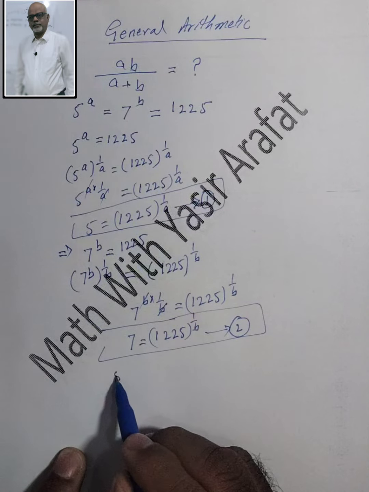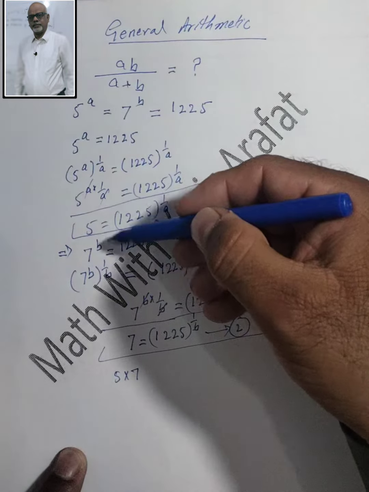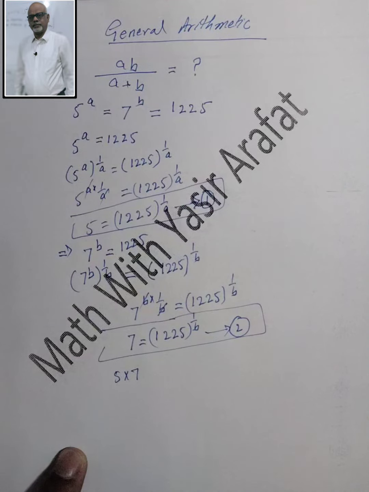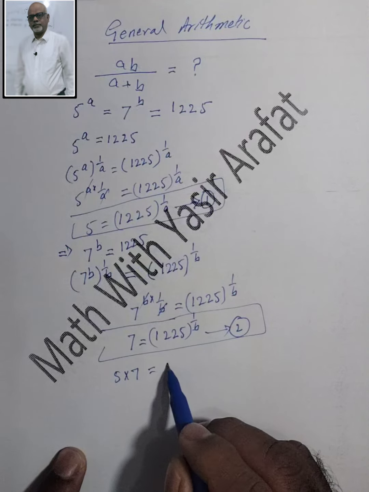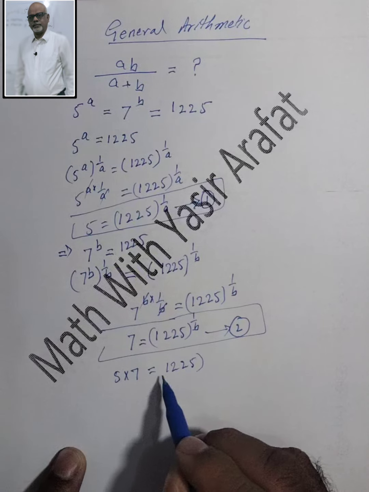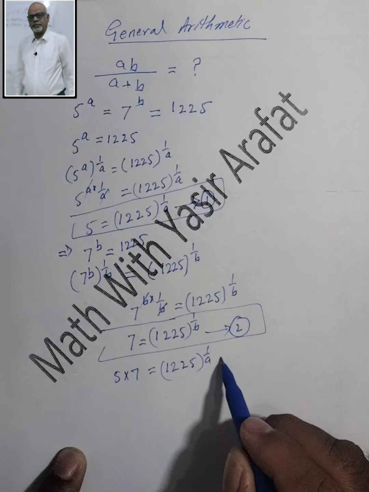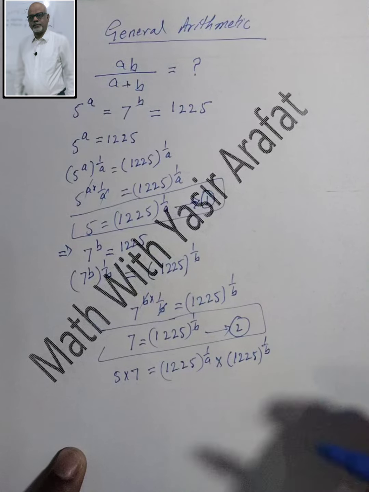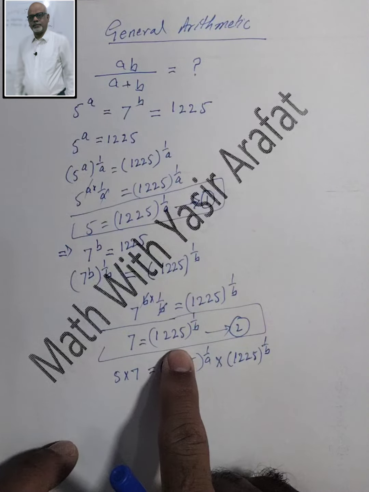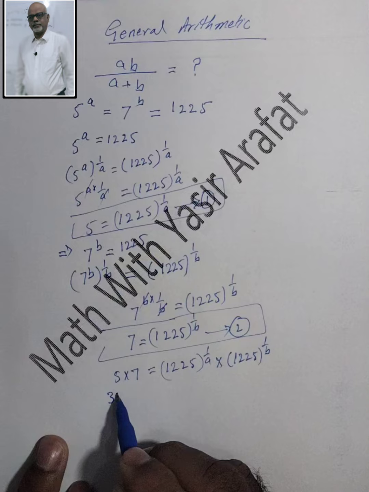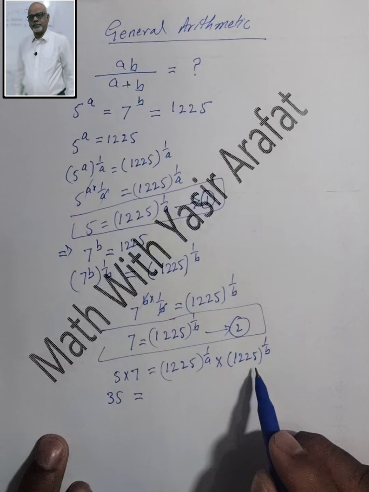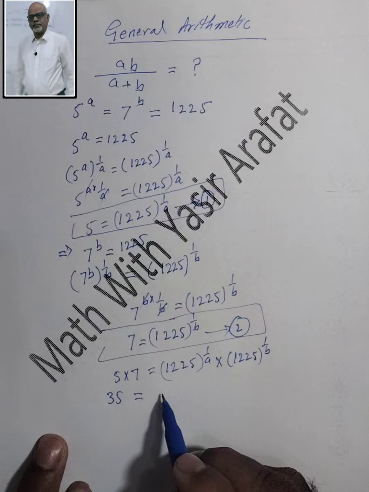So 5 multiplied by 7 is the left hand side of equations 1 and 2, and 1225 to the power 1 over a is the right hand side of equation 1, multiplied by 1225 to the power 1 over b, the right hand side of equation 2. Now 5 times 7 is 35, and the bases are the same, so their powers will be summed.